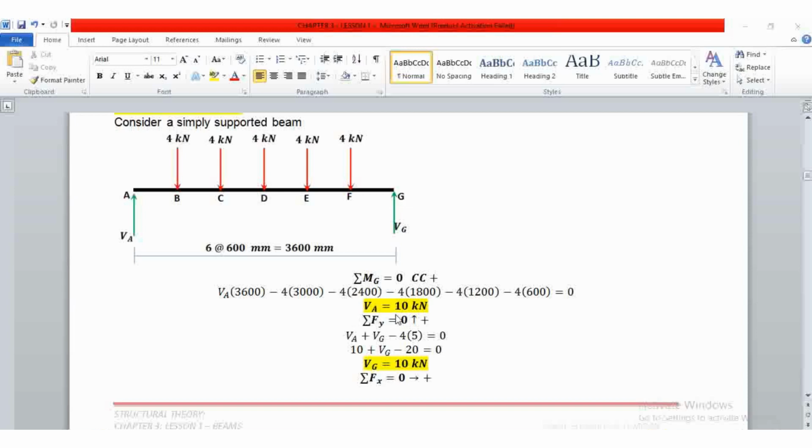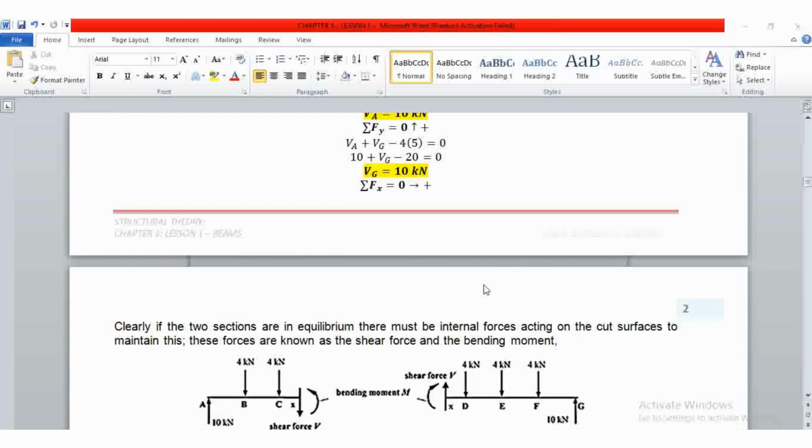So, VA is equal to 10 and VG is also equal to 10 kilonewtons. Again, you need to be familiar with the static equations to solve for those reactions.